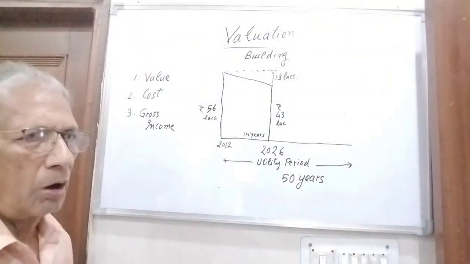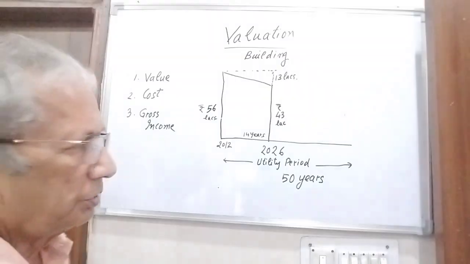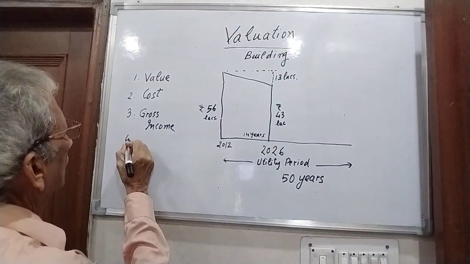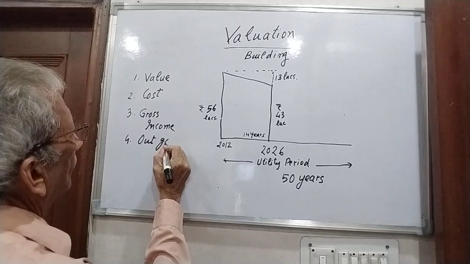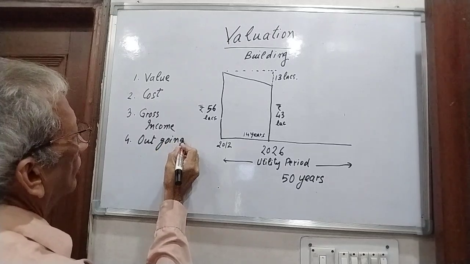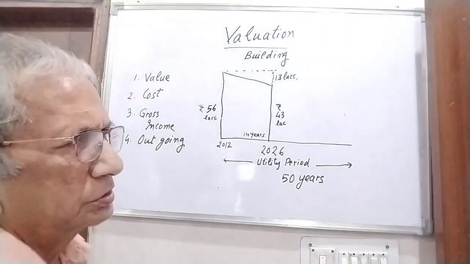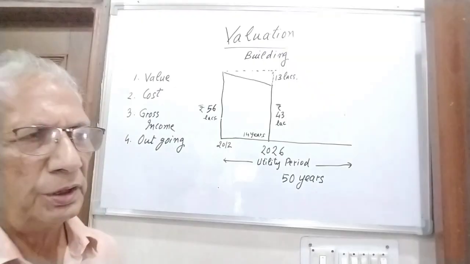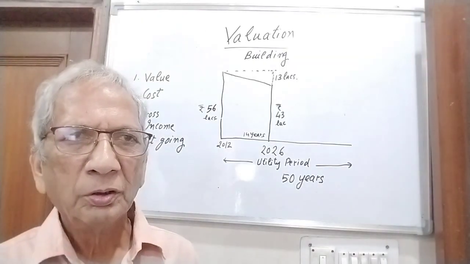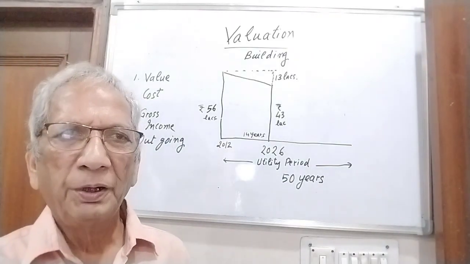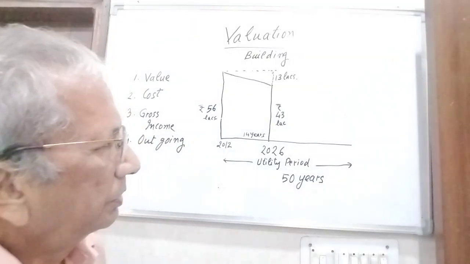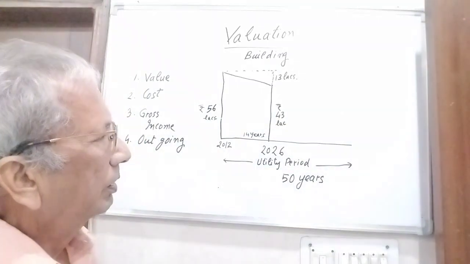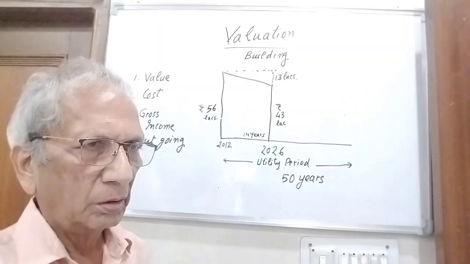When we subtract outgoings, what is outgoings? Outgoing means the expenditure we incurred on the building to maintain it, so that the building should be updated.